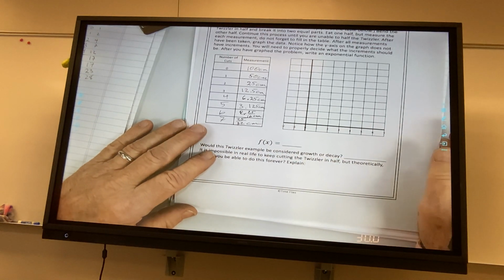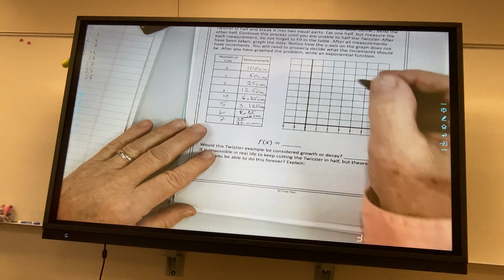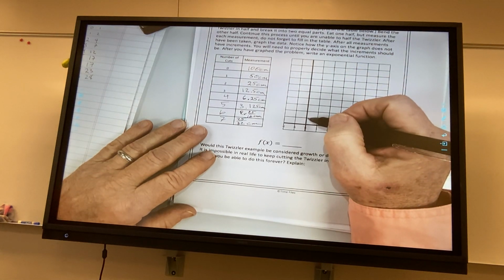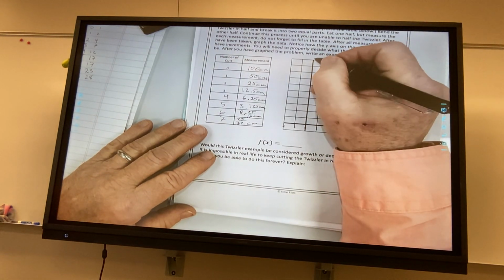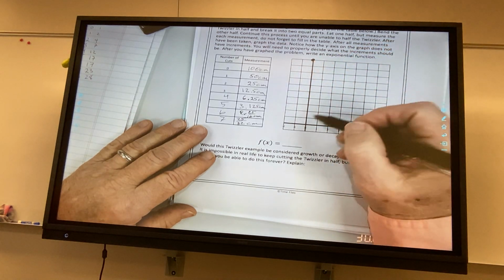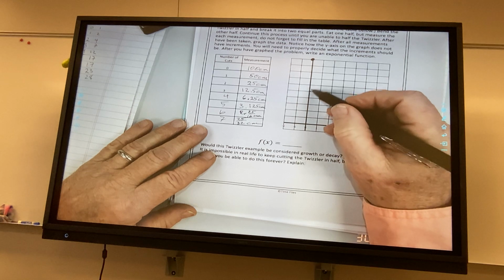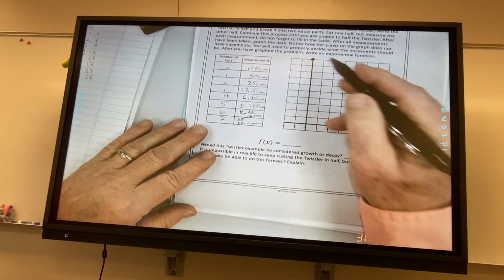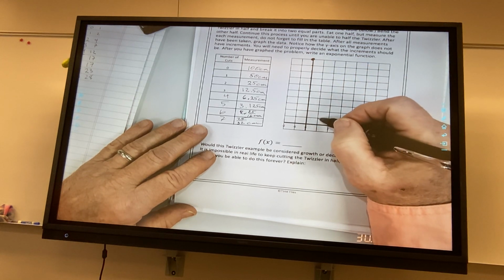And then you graphed it. Not yet. So what you said, we'll make this 100. Does that work? And so then this would be halfway.